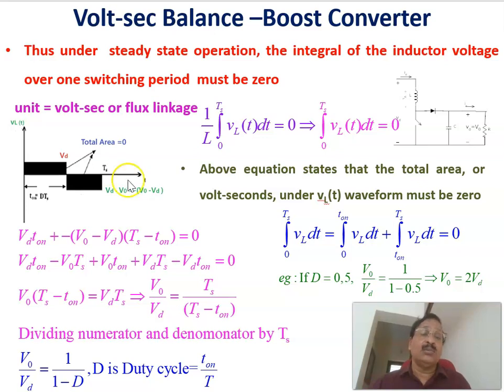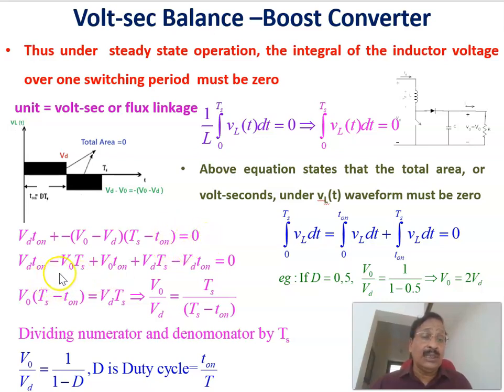Therefore, in order to prevent that, the volt-second balance should be obeyed, and this is actually derived from the constant flux theorem. Here, this area should be equal to this area, meaning the sum of the positive area and negative area should be equal to 0. Now equating that, Vd into Ton, positive area, plus minus of (V0 minus Vd) into this length, or Ts minus Ton, which is the off period, should be equal to 0.